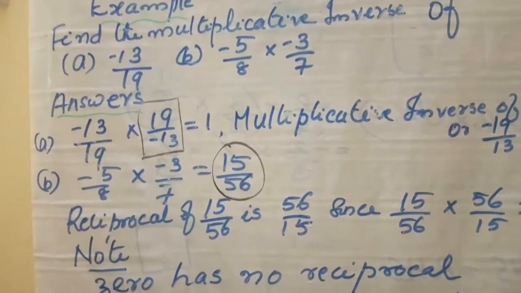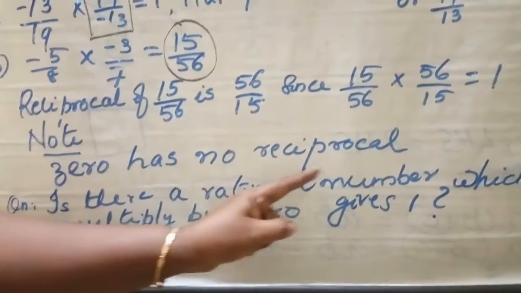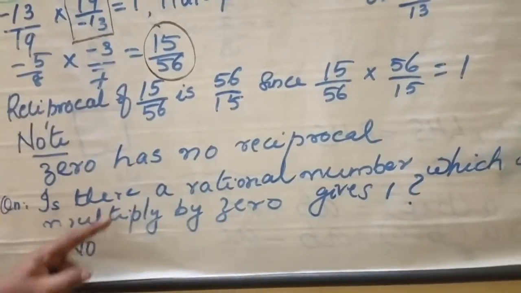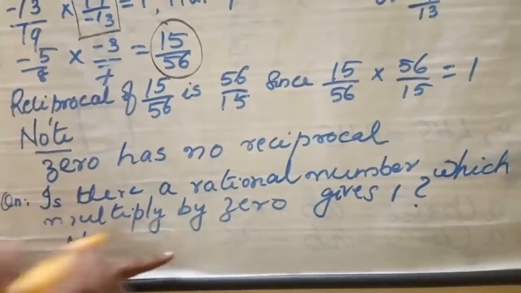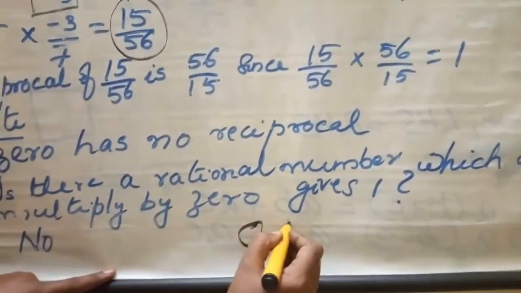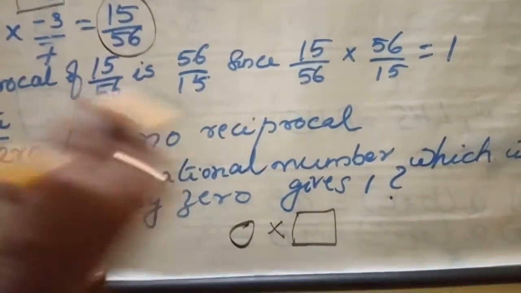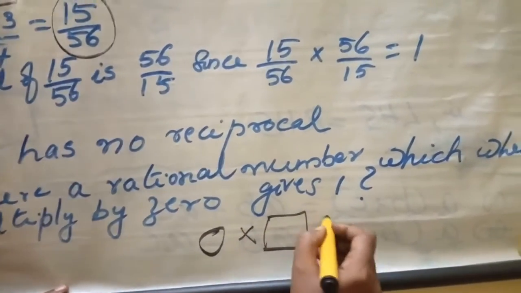Okay. Now the same way, the question: is there a rational number which when multiplied by 0, gives 1? Suppose we have 0 multiplied by another number. You have to fill up that box. What is the result? 1.